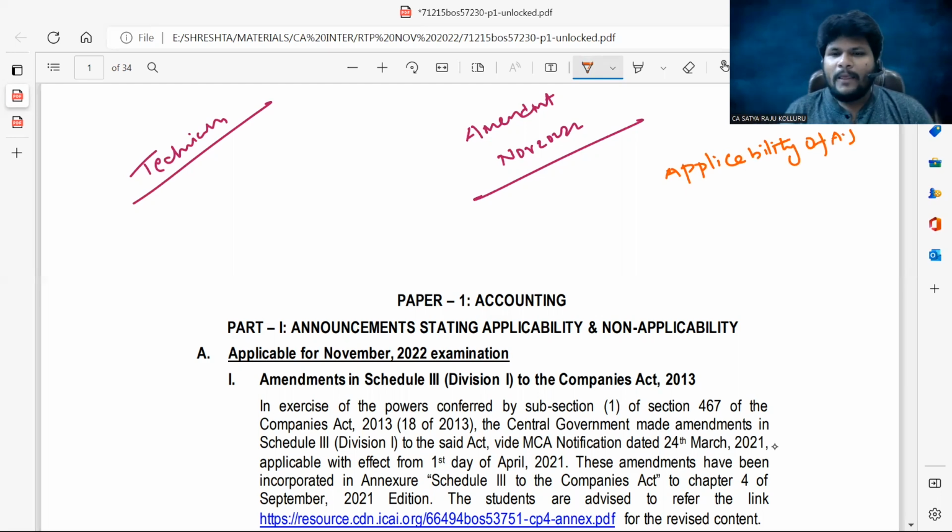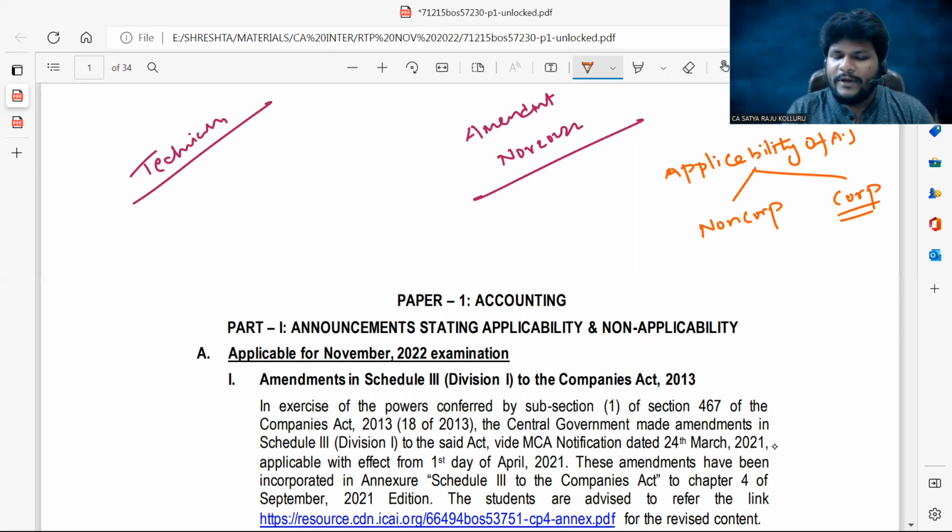To apply the accounting standards to any specific entity, you need to check whether all the accounting standards are applicable or not. For that purpose, the entities were classified into non-corporate entities and corporate entities. In case of corporate entities, there is no amendment. The provisions applicable previously for corporate entities continue to apply.